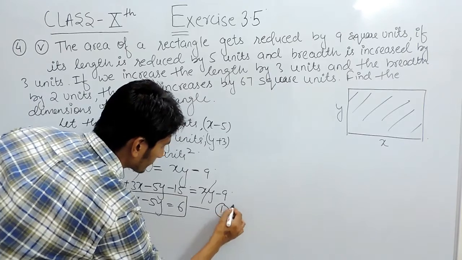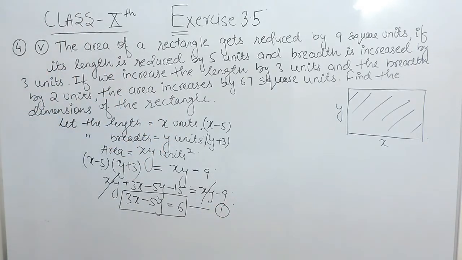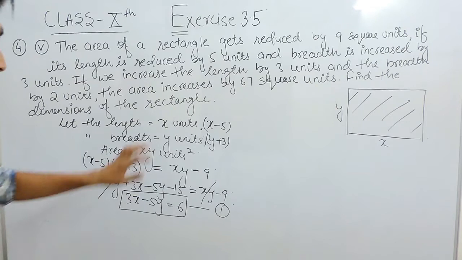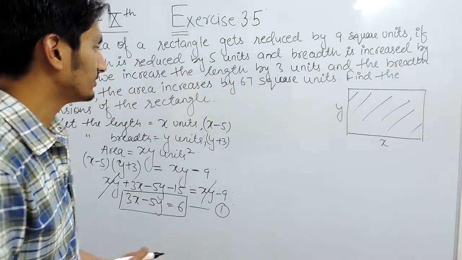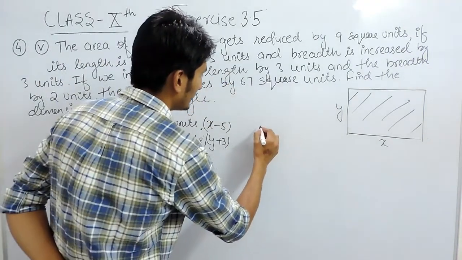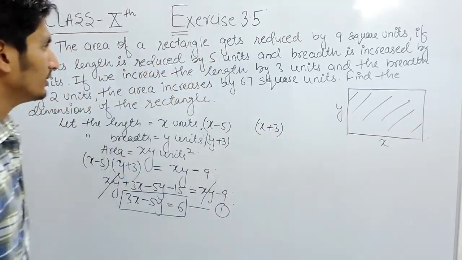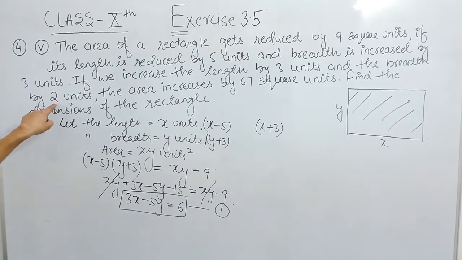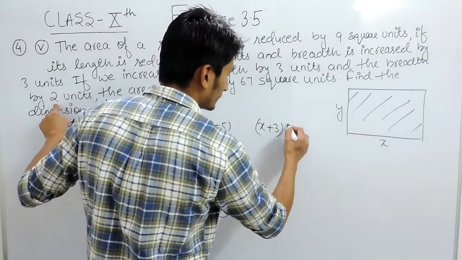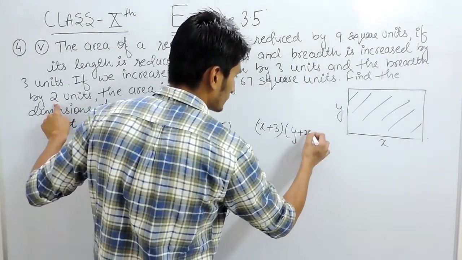So this is our first equation. In second equation it says that if we increase the length by 3, in this case our length is x plus 3 and we have to increase the breadth by 2 units, means the new breadth will be y plus 2.